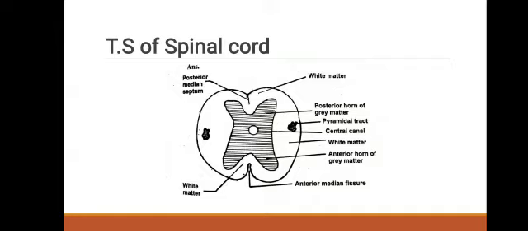In the tiers we can see white matter, posterior horn of grey matter, pyramidal tract, central canal, white matter, anterior horn of grey matter, anterior median fissure, white matter and posterior median septum.